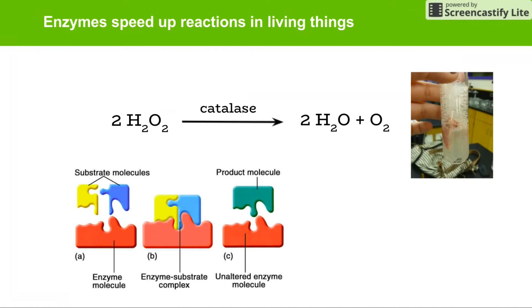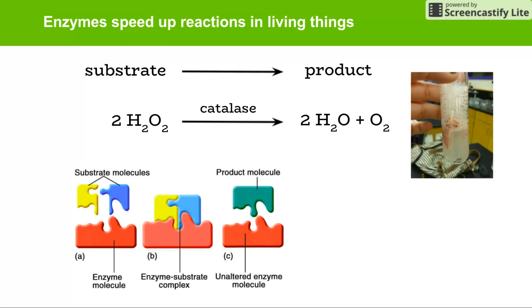So when we are looking at chemical reactions, we are starting off with the substrate and we are turning that into the product. So if you think back to the liver lab that we did at the beginning of the year, the substrate was the hydrogen peroxide, which was H2O2, and the product was water and oxygen.